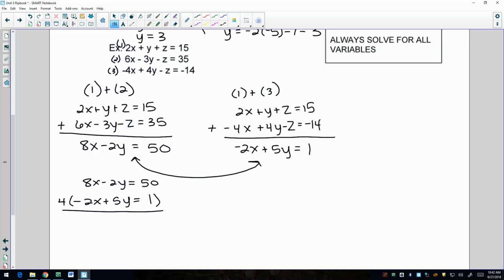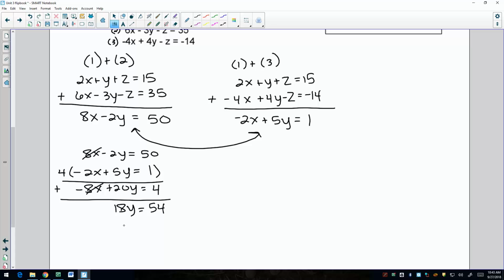If I do that, the bottom turns into negative 8x plus 20y equals 4. Now if I add the top with this one, the x's are going to cancel out, and the y's become 18y equals 54. Now I only have y, so I can solve for y. Divide by 18 to get y equals 3.